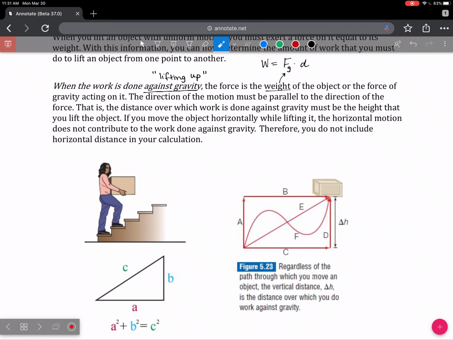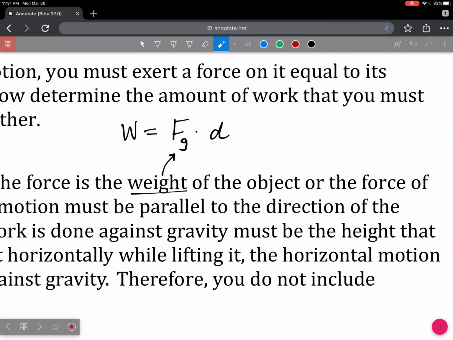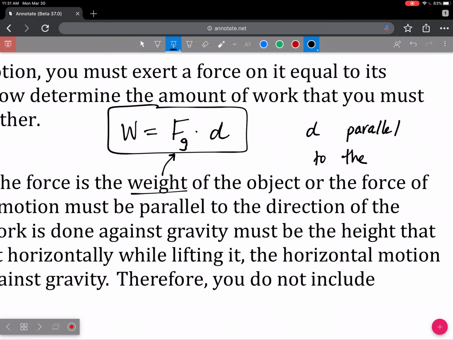Okay, so in order to do work on an object, you have to move it a distance. And that distance, that d value, has to be parallel to the force. So if the force of gravity is down and we want to do work, then we can only focus on up and down.